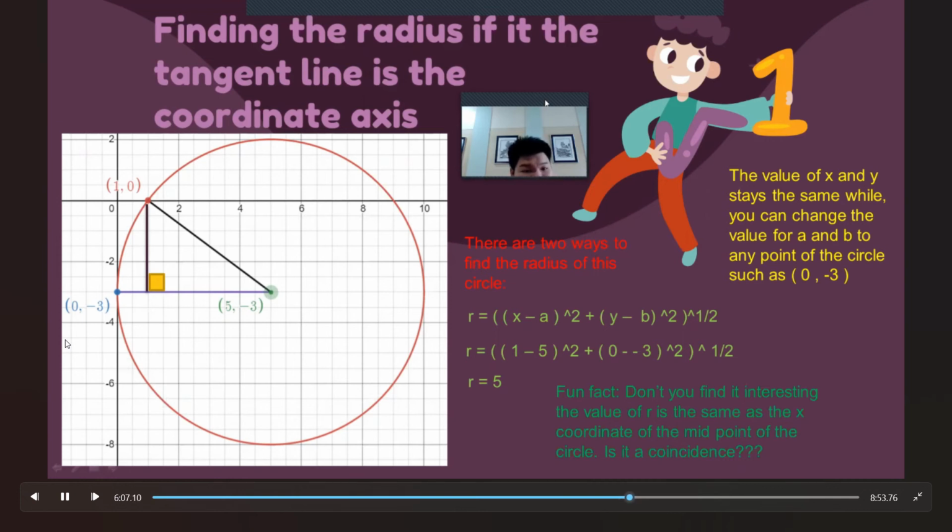As we are finding the radius, the horizontal line will extend from the point of intersection with the tangent line up to the center, while the x-coordinate represents the horizontal displacement from the y-axis. Thus, based on this fact, we can safely conclude that the radius is equivalent to the x-coordinate.